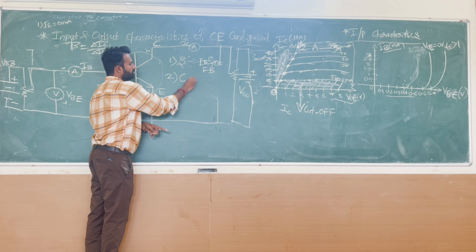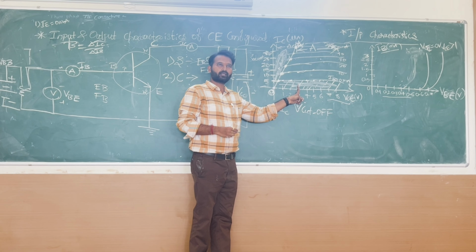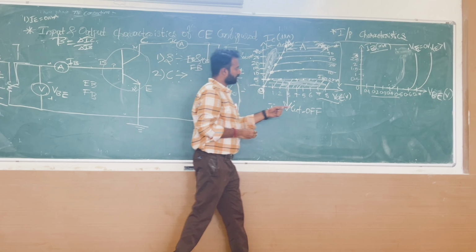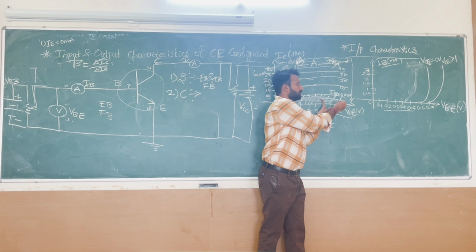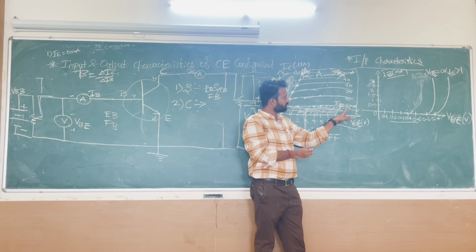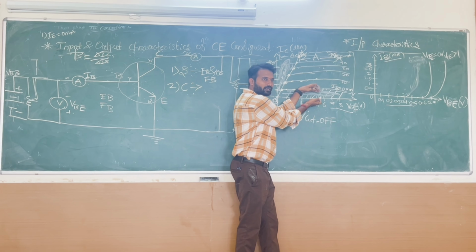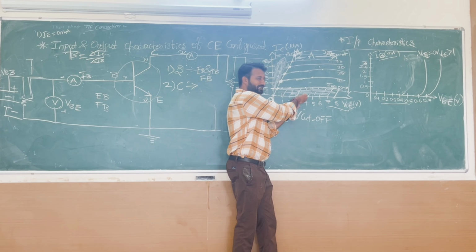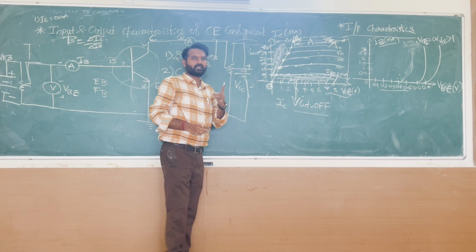Now I go to the cutoff region. The region below IB equal to 0 milliamp, whatever the space is there below this, is called the cutoff region. This is one definition.